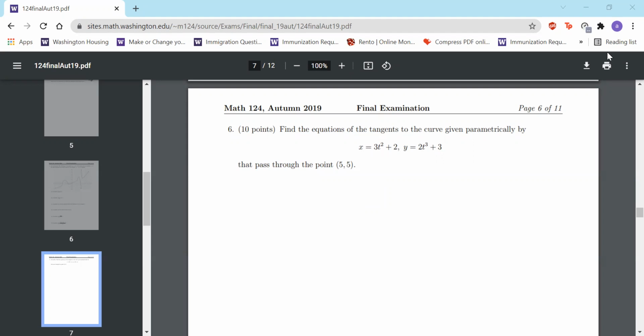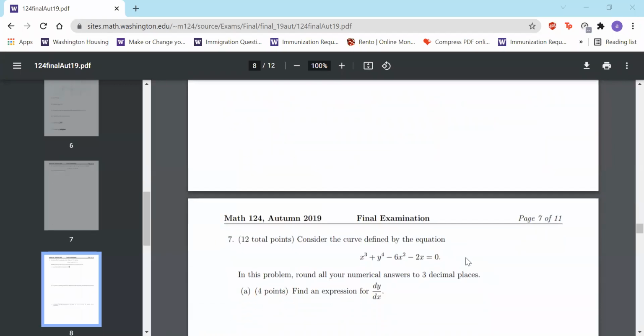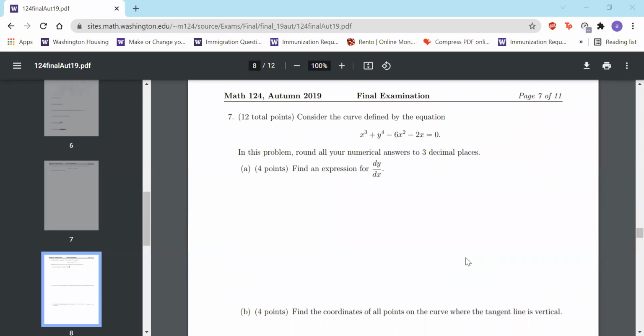Okay, so question number 7 on the same exam. It's implicit differentiation. This is the last problem before we jump into the related rate problem. This is going to be the only problem focusing on implicit differentiation, because I perceive that related rates is one of the most challenging parts of the exam.